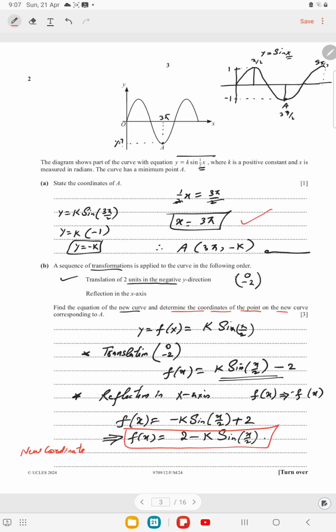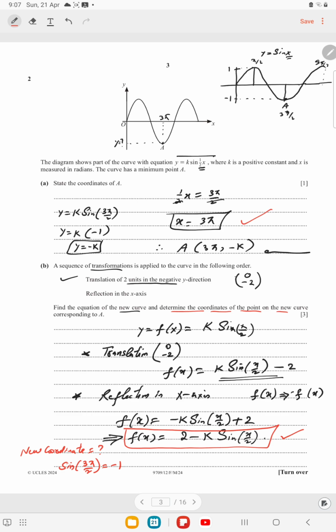X was 3 pi. Here you need to replace x with 3 pi. So let me check it separately. We have to find sine of 3 pi by 2, which will be calculated as -1.